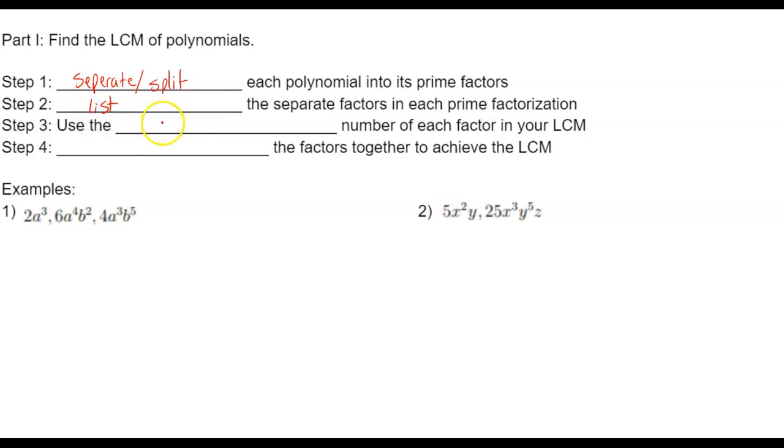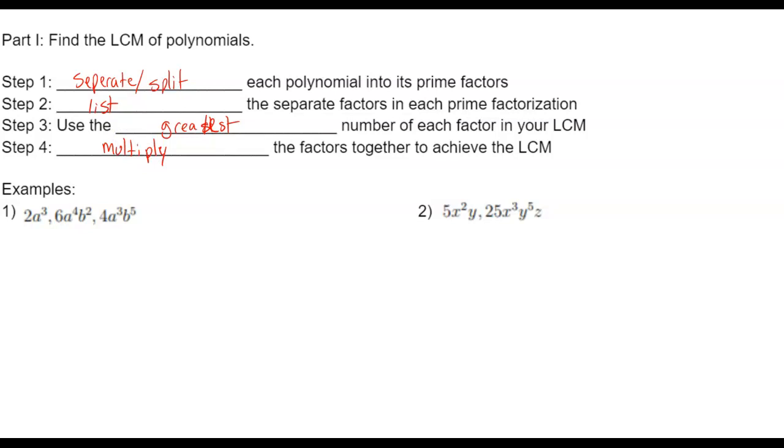And then we're going to use the greatest number of each factor in our least common multiple. So the greatest number of each factor. And then we are going to multiply those factors together, so that we can achieve the least common multiple.